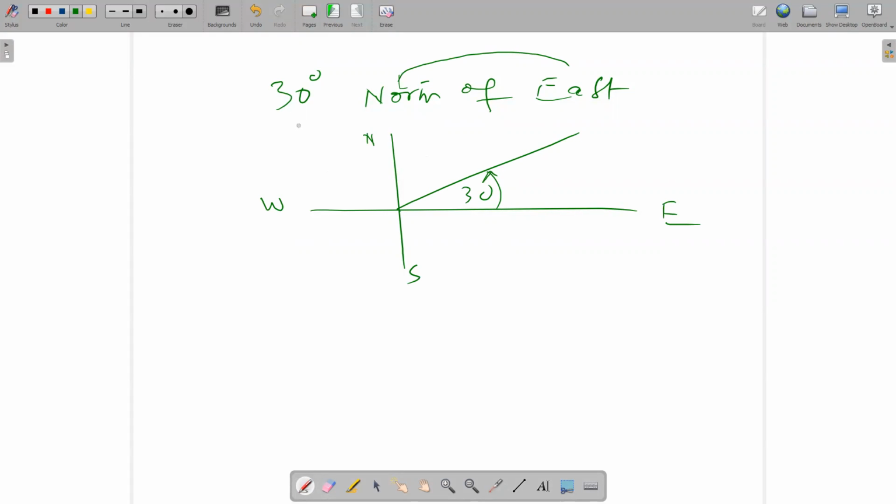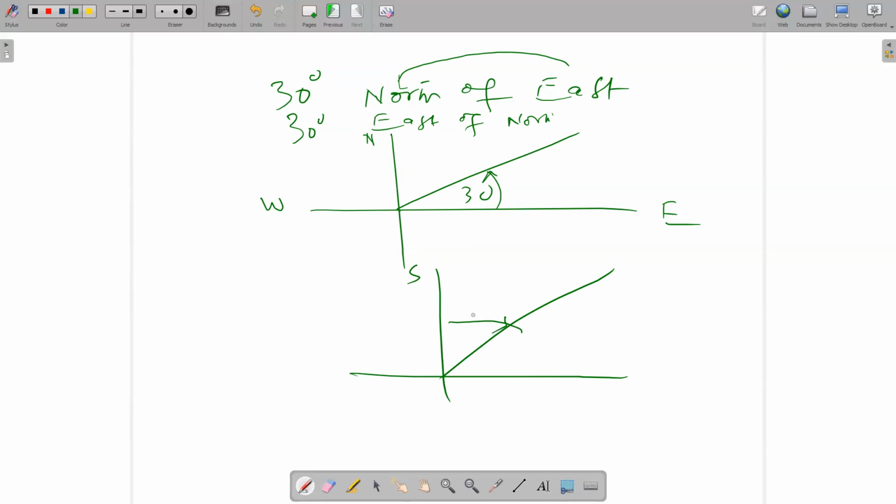If I'm writing 30 degree east of north, you will take this angle, 30 degrees. This is north, this is east. You understand or not? Yes. Okay.